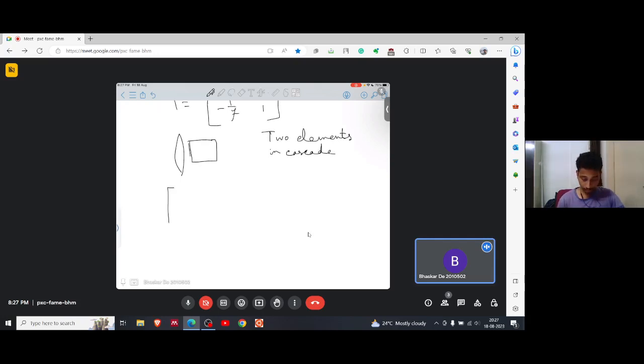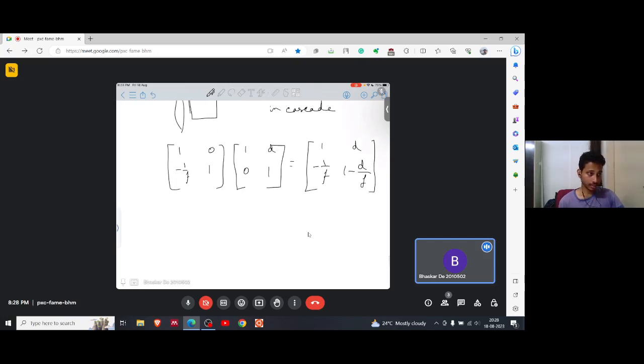Basically the first thin lens has a focal length of f, and it is a converging lens, and for the second element the matrix will be 1 d 0 1. So this is the combined transmission matrix for a lens and then a block.